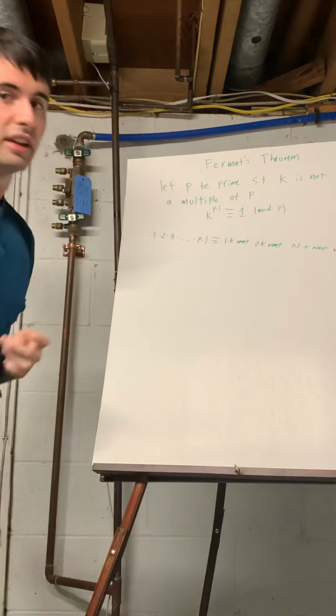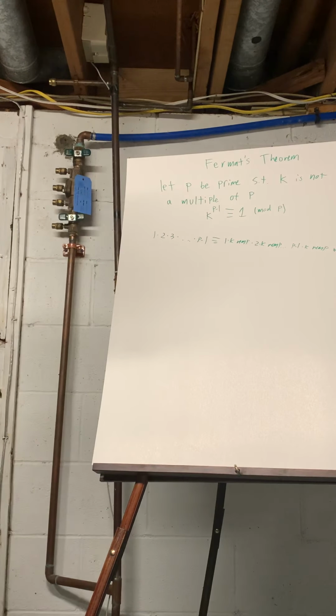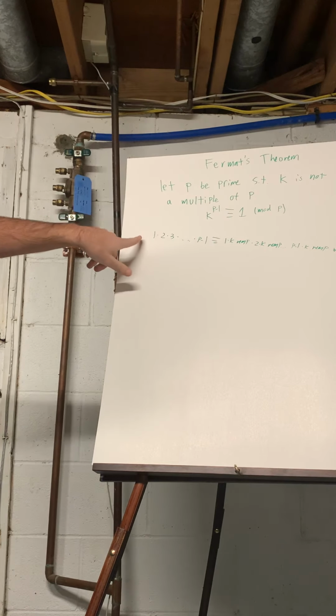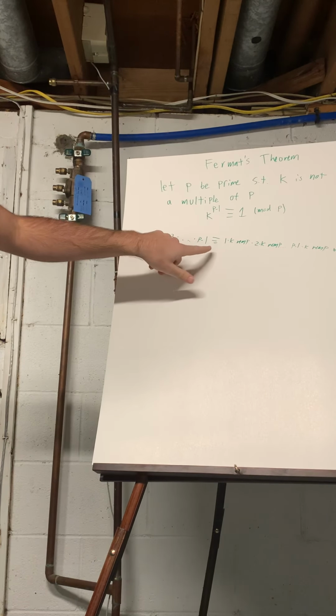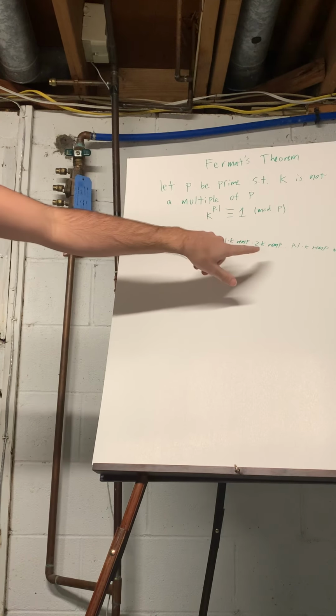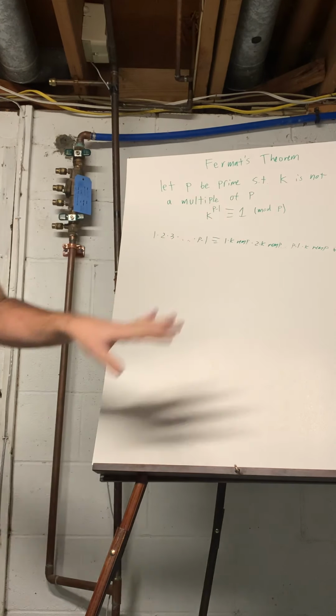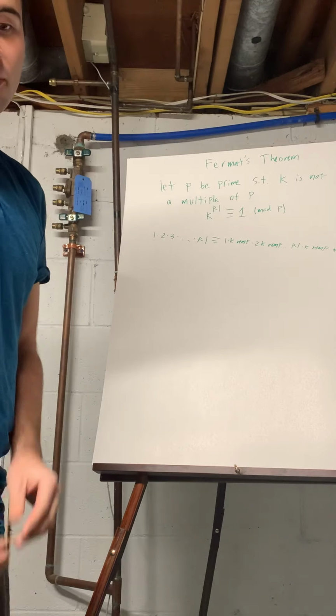And we can say that because m times k rem p is going to take on every value in this set 1, 2, 3 to p minus 1, these values are all going to be the same. They'll just be in a different order, but that doesn't matter for multiplication.